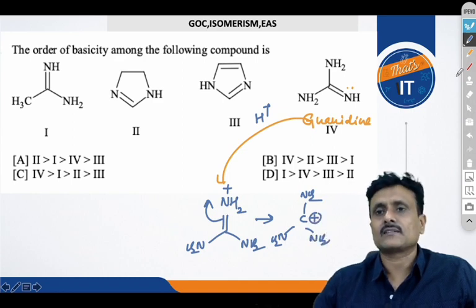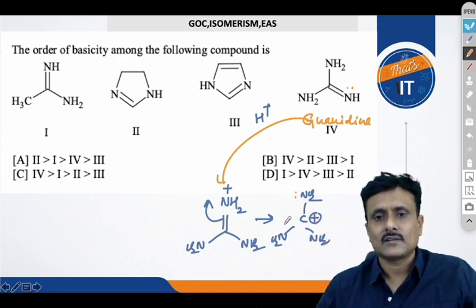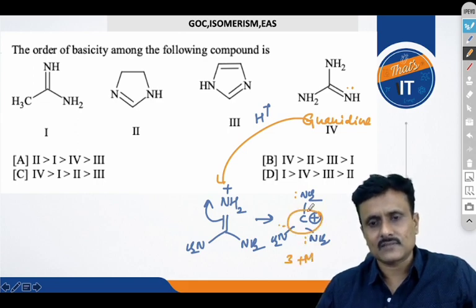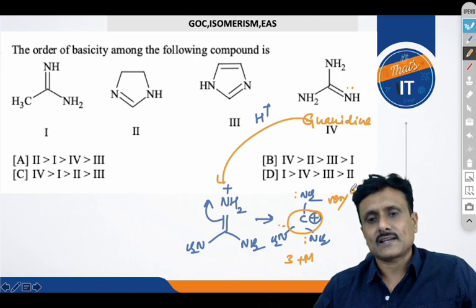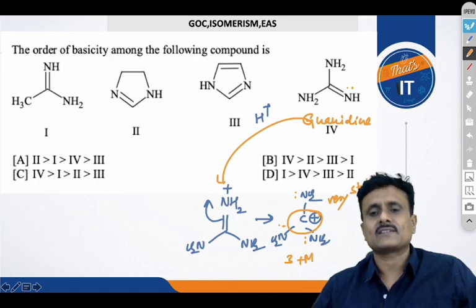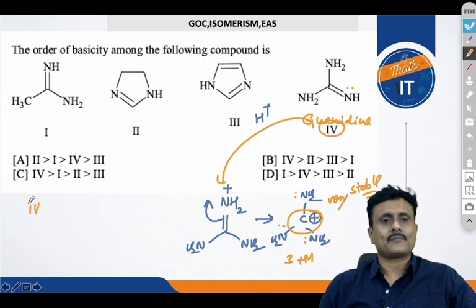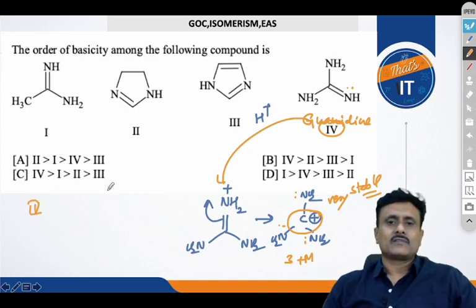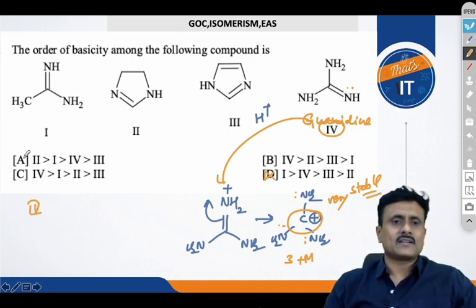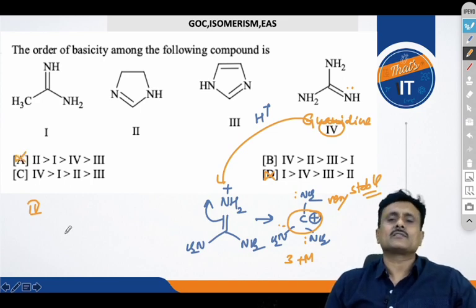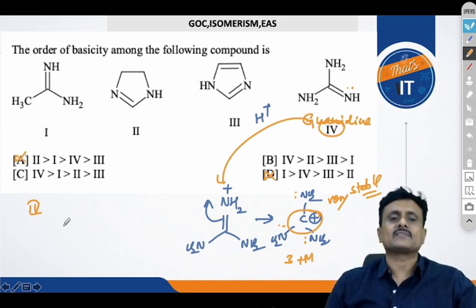Now you can see that the 3 NH2 have lone pairs and the 3 +M effects are going to stabilize this conjugate acid a lot. This is very stable. Therefore, this always comes first, right? Fourth always comes first. So you can rule out option D as well as option A. Guanidine is one of the most basic organic bases, isn't it?